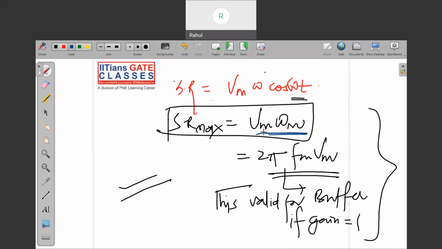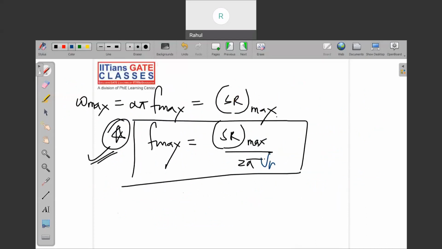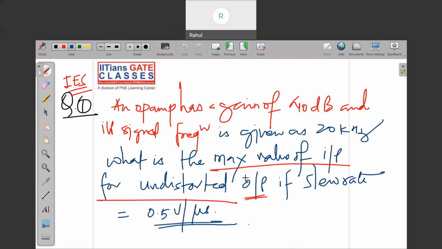We forgot Vm here, the maximum amplitude of the input. Please correct this. The gain is given, so what is gain? Basically the output upon input voltage. With that you can easily find the maximum value of the input.